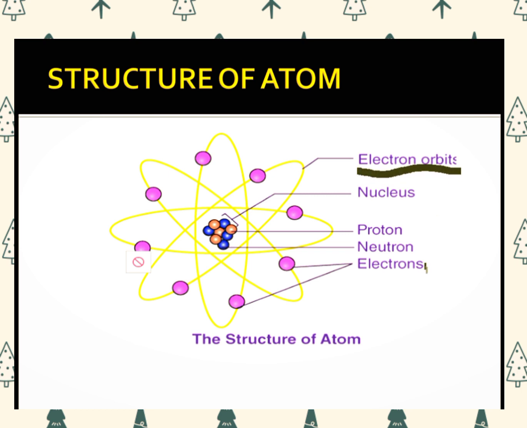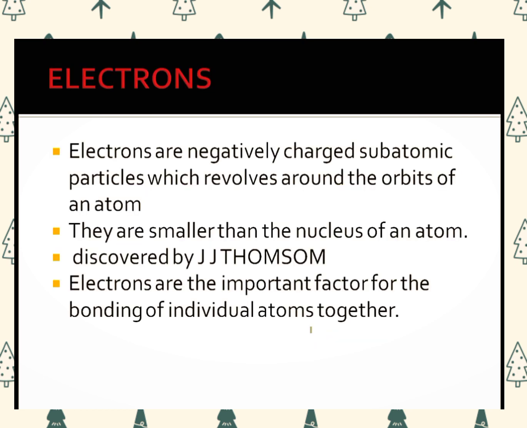These circular paths are known as orbits or shells. In this model of the atom, there is a center which contains the nucleus. In that nucleus, protons and neutrons are present. In the nucleus, the total mass of an atom is present.